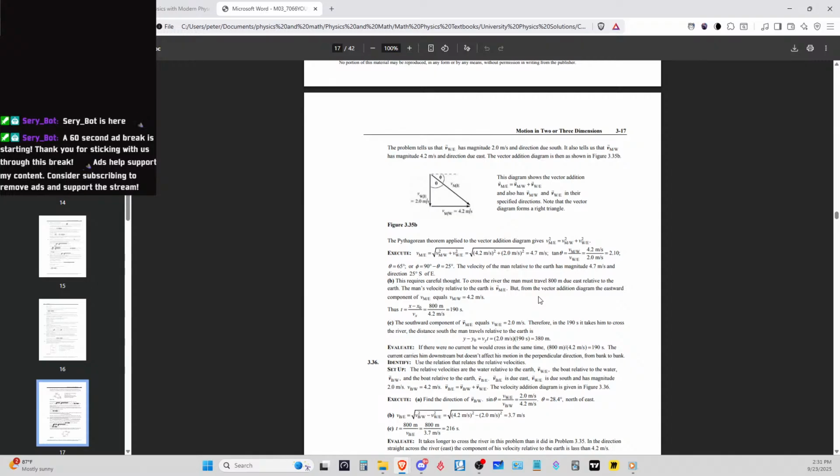To cross the river, the man must travel 800 meters due east relative to the Earth. The man's velocity relative to the Earth, but from the vector addition diagram, the eastward component equals... So they're equal to each other, the vertical component.